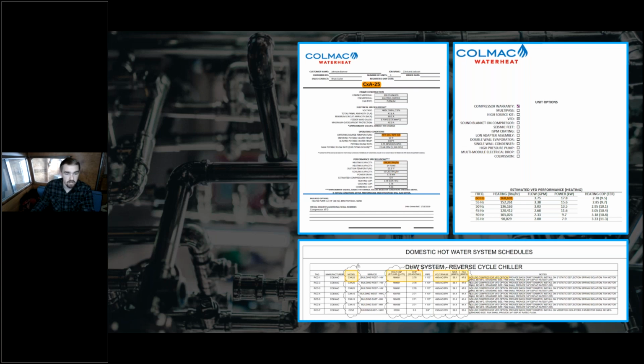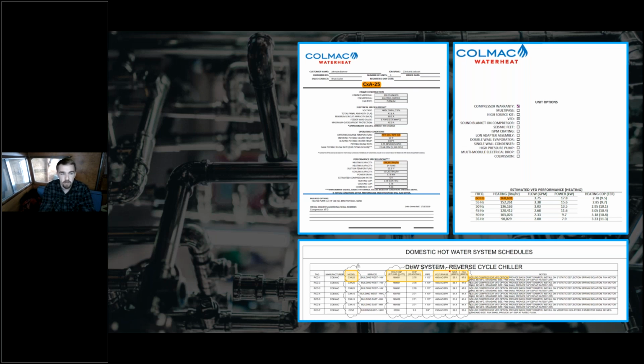So we also have the COP that the designer was assuming when doing any energy modeling or anything like that. And something really important here as well is to verify the voltage and the electrical load associated with these heat pumps.